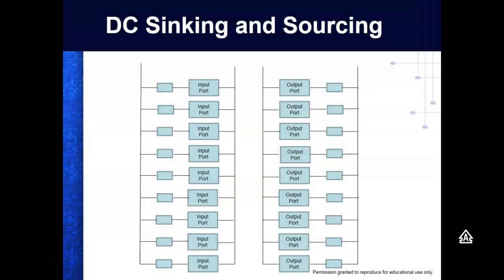This is the way most PLCs, or all PLCs that I've seen lately, work. So we have the input device itself. These are just simulating input devices, and these are loads that we have connected to the output. So what type of loads could that be? It could be lights. It could be another relay.